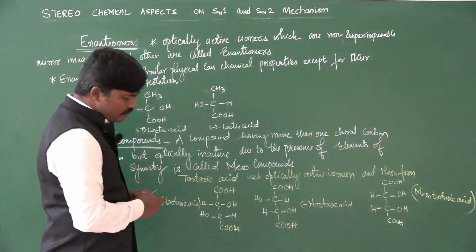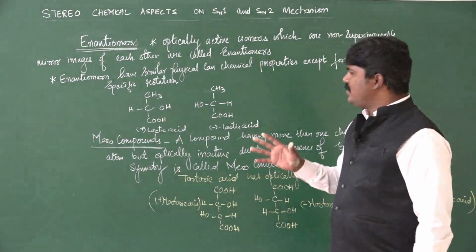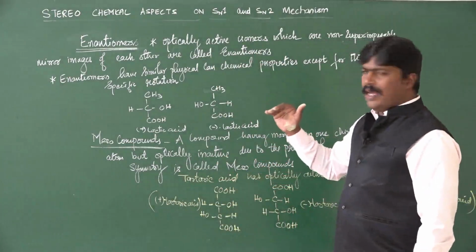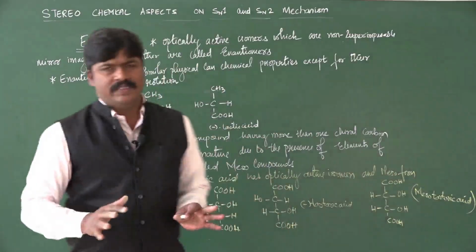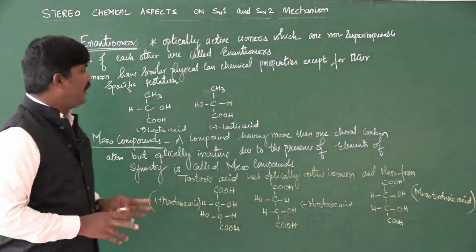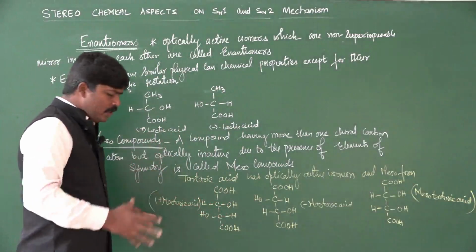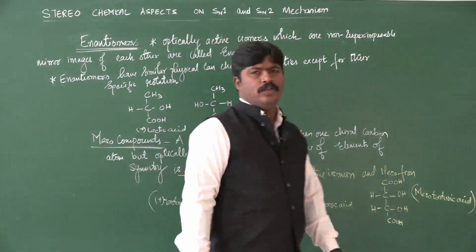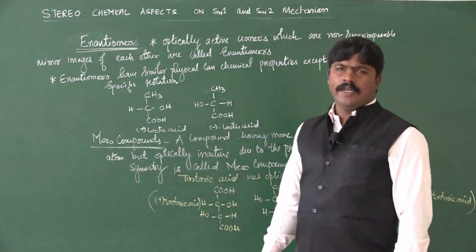Now, what is the difference? How do you find differences? Both have the same molecular formula. So we say enantiomers have similar physical and chemical properties, except for their rotation. One rotates the plane polarized light to the clockwise, another rotates the plane polarized light to the anti-clockwise.